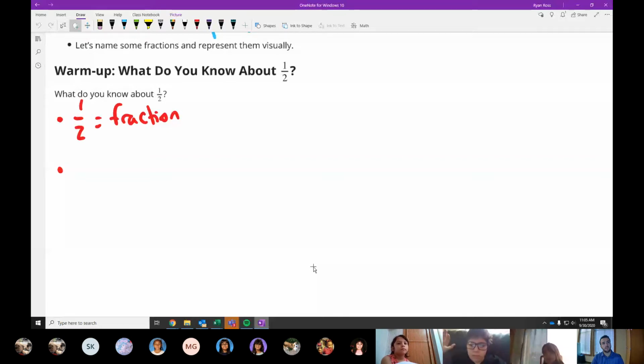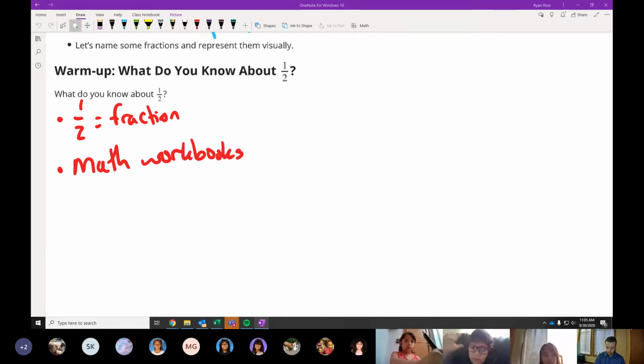Sometimes I see halves in my sister's workbook that she uses for her class or school. I've seen it somewhere besides my sister's workbook, but I don't remember where. Okay, so you've seen it in math workbooks? Yes. Okay. So it has something to do with math.